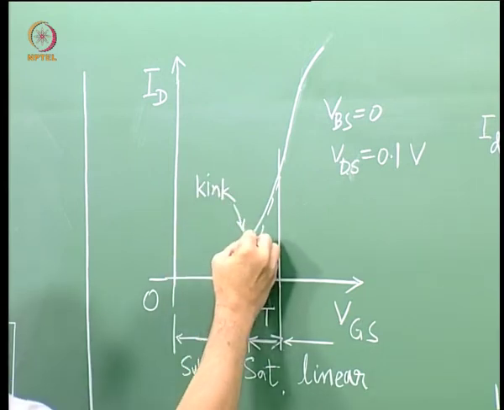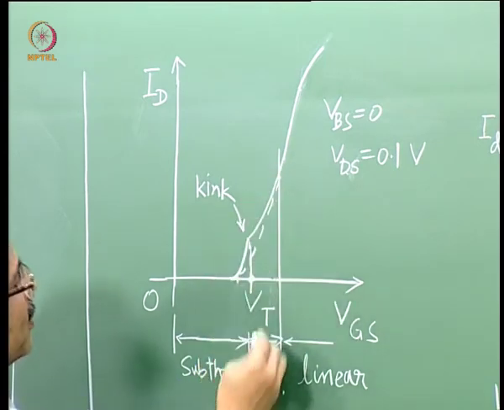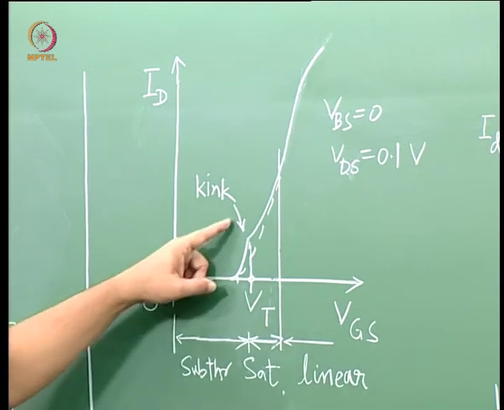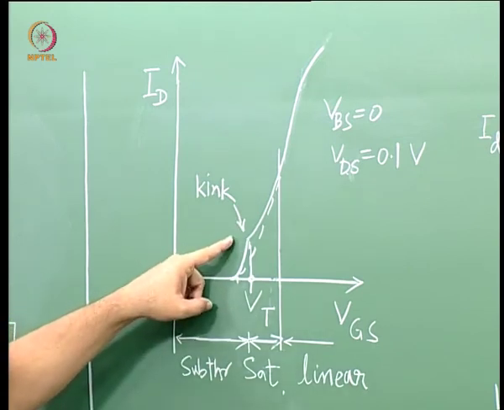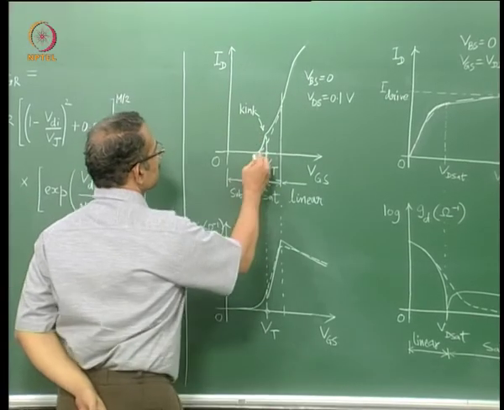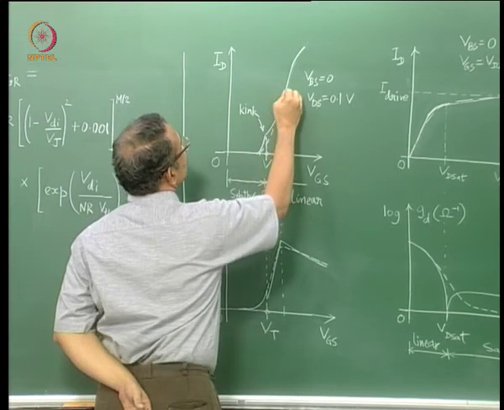You have another equation for the superthreshold region, which covers the saturation and linear regions. Now this is okay for a digital application, but for analog purposes you need a smooth curve, and which is shown by a dotted or dashed line.